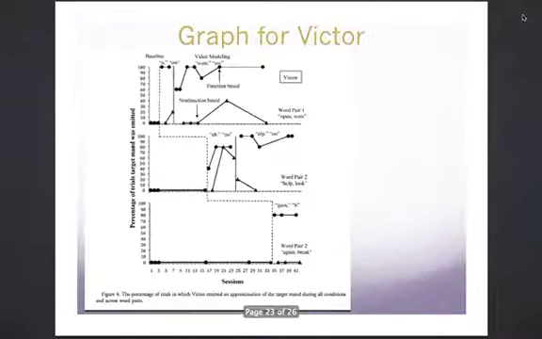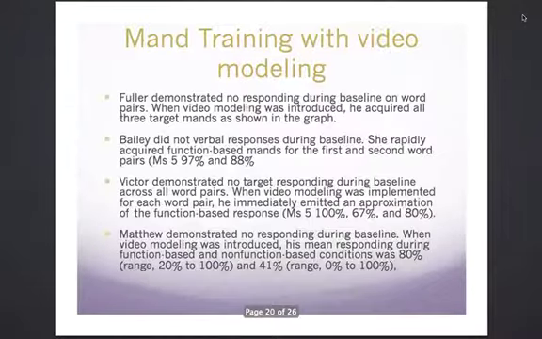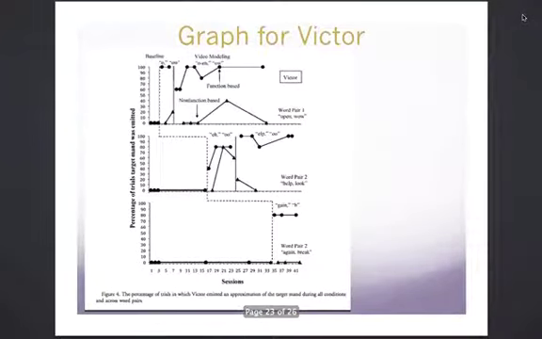Okay, and then if we're looking at Victor's graph, he got 100%, 67%, and 50%, which was really cool because from open to wow, Victor was at least at 90%. So that's really good.